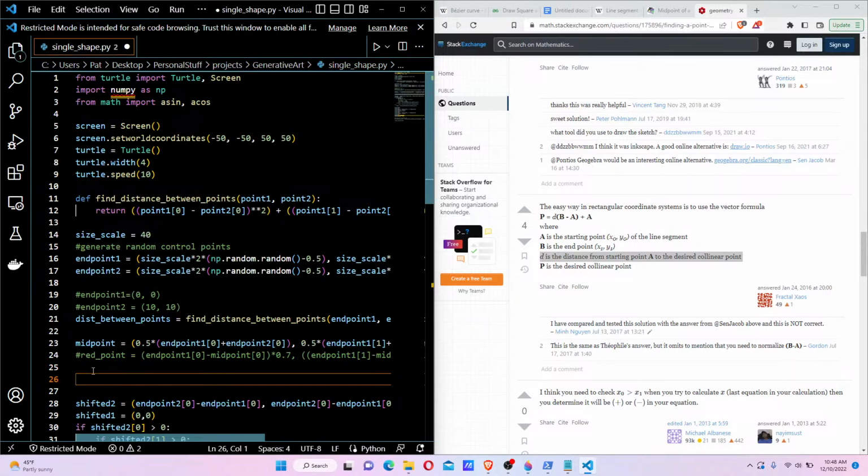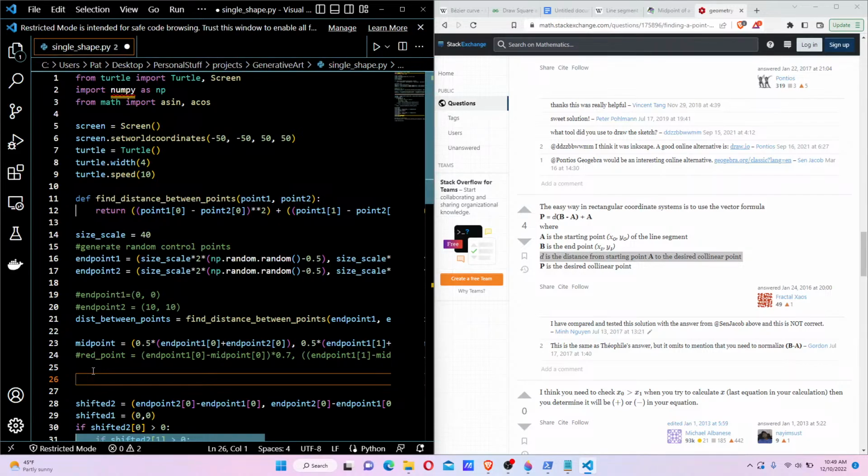So, starting point, end point. So, define get red point, start, end.